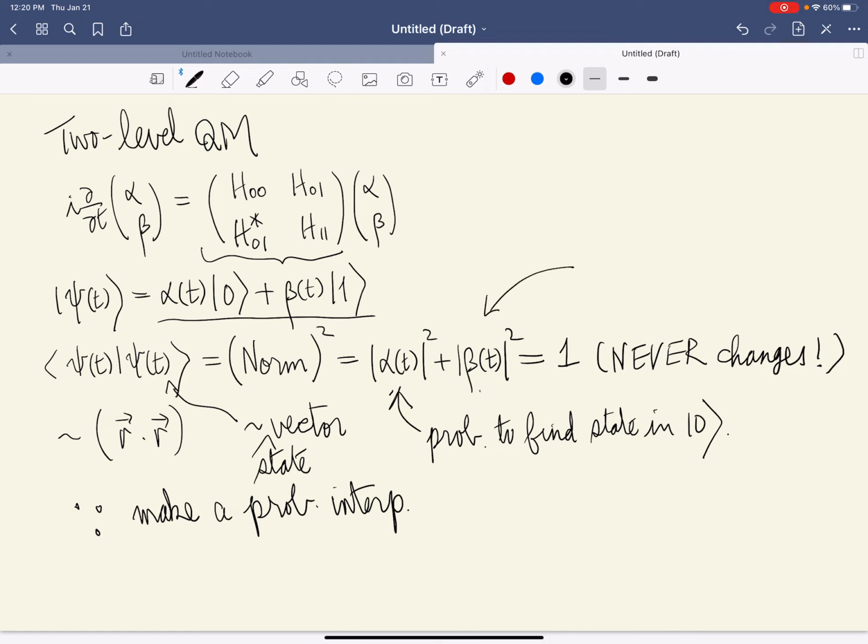And similarly, this number here is the probability to find the state in the one state. And since the sum of probabilities for all possible events has to be 1, otherwise it's not even a probability, that's where this insistence on the sum of these numbers being equal to 1 comes from.